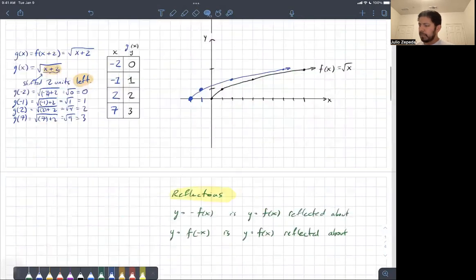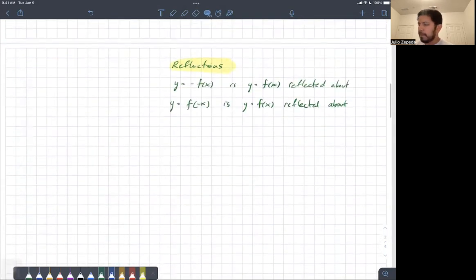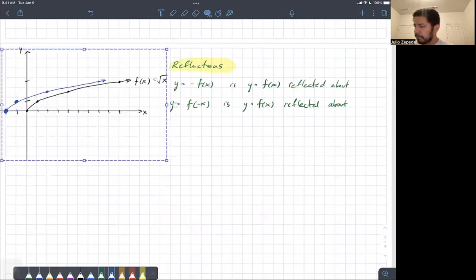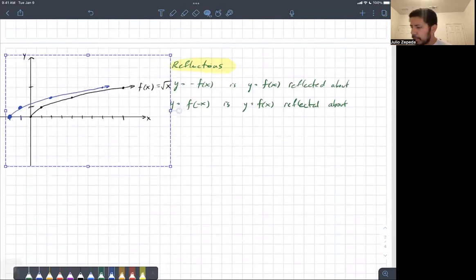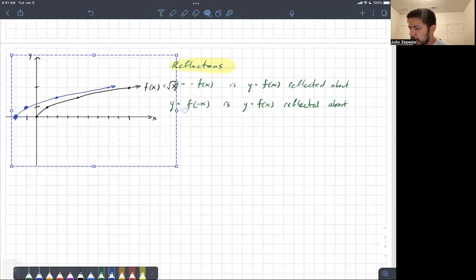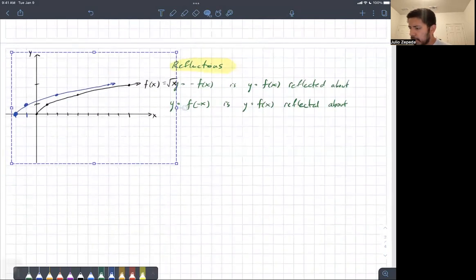All right, then we'll take a look at a tougher example in just a bit. But then now we have another type of transformation. So let's go ahead and take a look at that one.